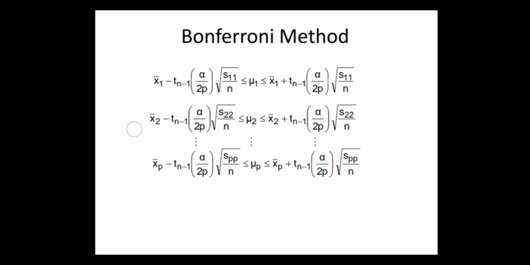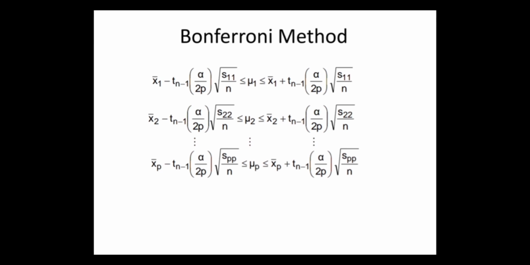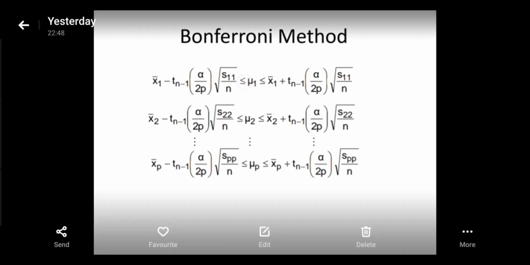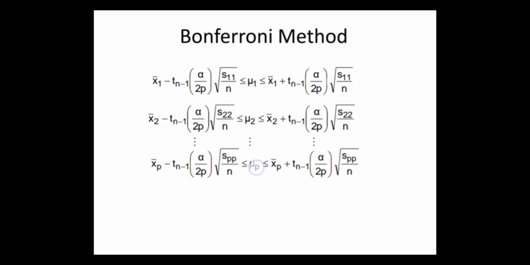We use the Bonferroni method also to find the confidence interval for the population mean, mu1, mu2 until mu p. But for the simultaneous T-square interval tadi, we use the distribution of F here, right? But for Bonferroni, we use the distribution of t.